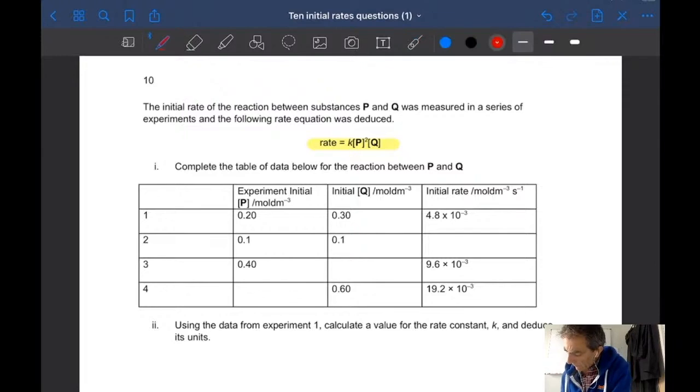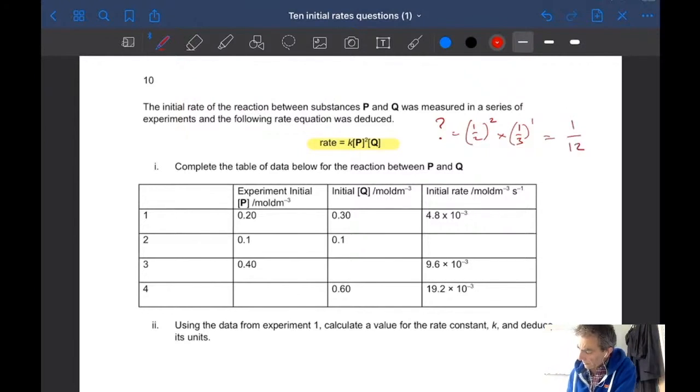The unknown rate will be a half to the power 2 times a third to the power 1. So that effectively is a 12th. So the initial rate for experiment 2 will be a 12th of what it was for experiment 1. So that's going to be 4 times 10 to the minus 4.